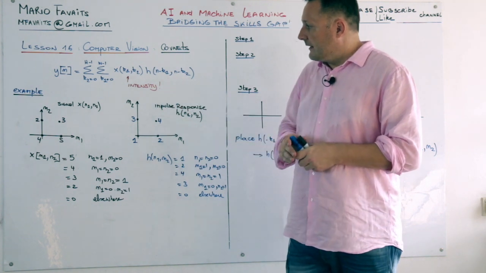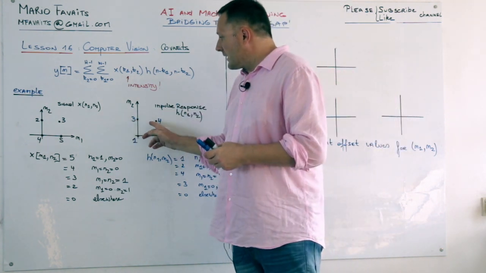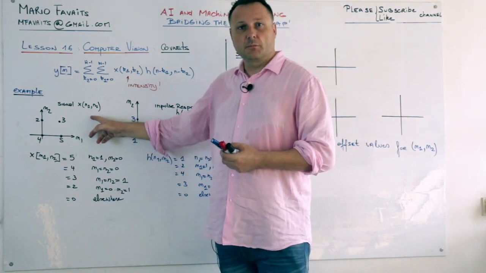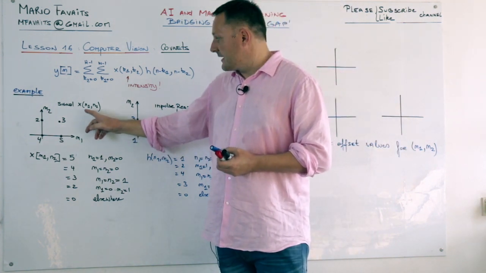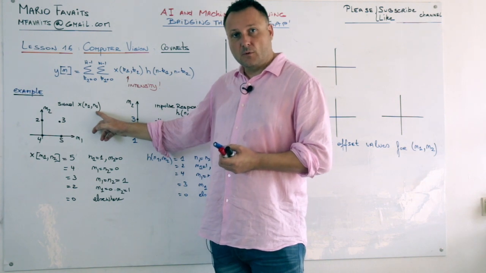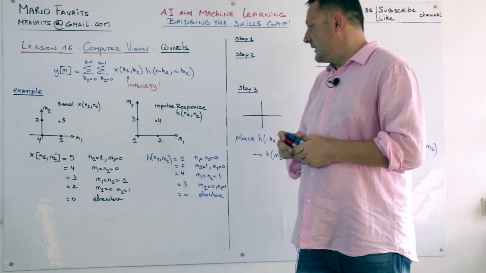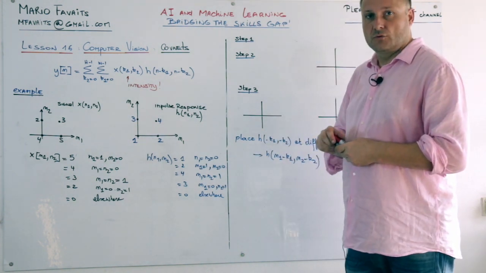In order to show you how it works, I've defined a signal here, an arbitrary sequence X of n2 and n1, and here is the impulse response H of n1 and n2.